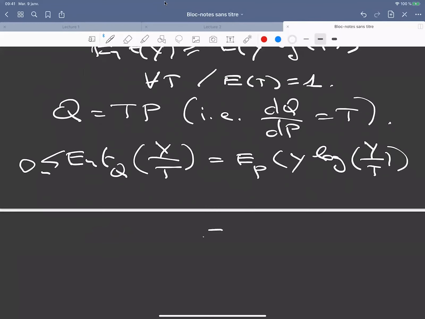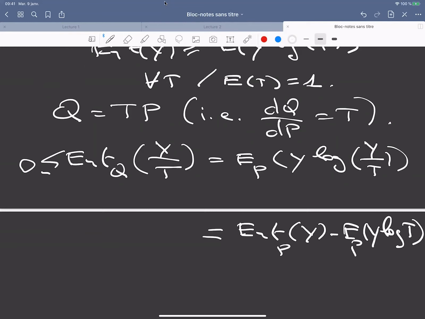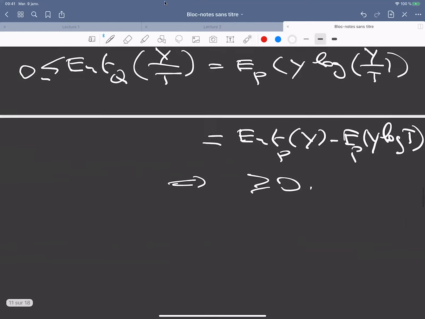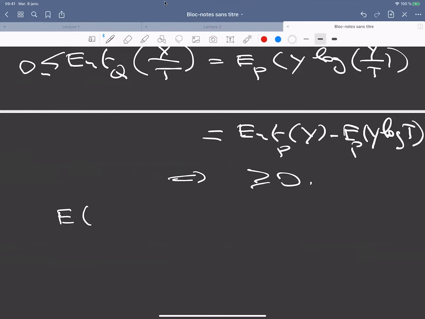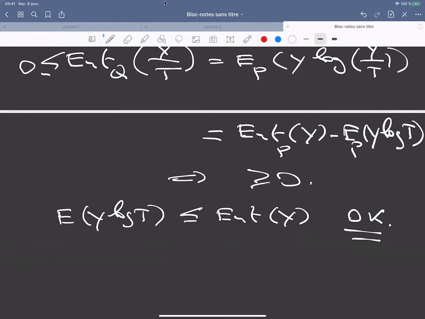And this expectation is exactly equal to the entropy of y, computed under p, of course, minus the expectation of y log t. So this tells you that this quantity here is non-negative. And therefore, you derive that the expectation of y log t is always less than the entropy. And this gives you the direct sense of the statement.